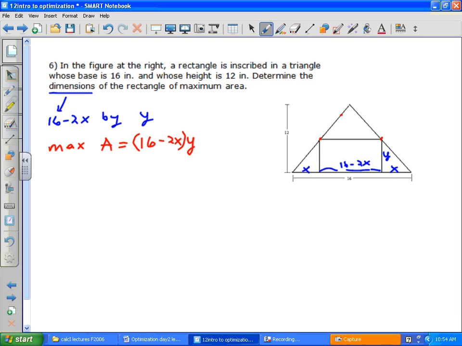Area is 16 minus 2x times y. So my question is, what kind of an equation can I use here in order to write x in terms of y? Any thoughts? I'm even going to give you a hint. Well, I heard the correct answer suggested. Somebody said it.